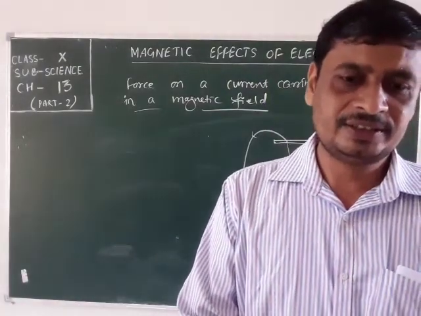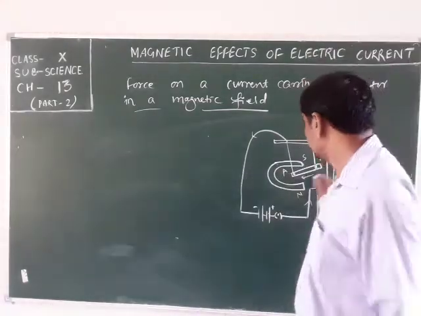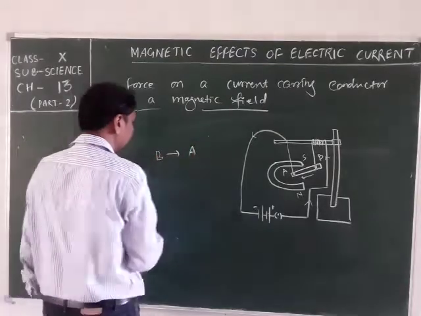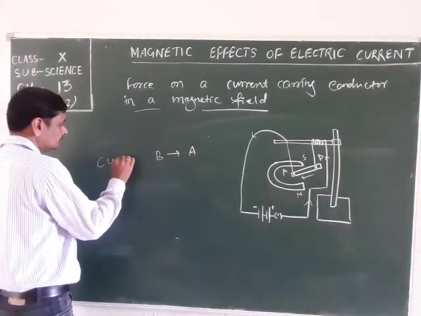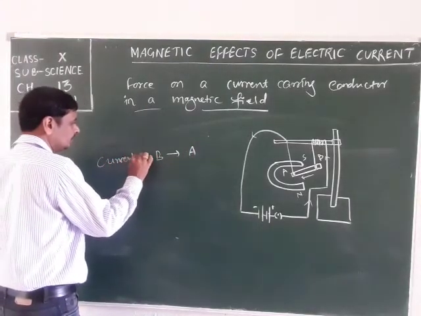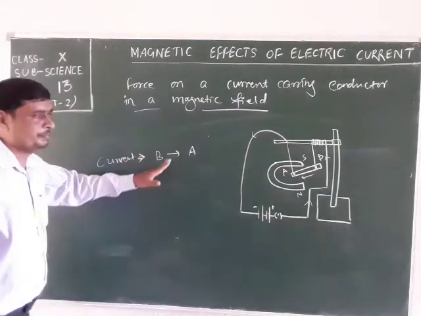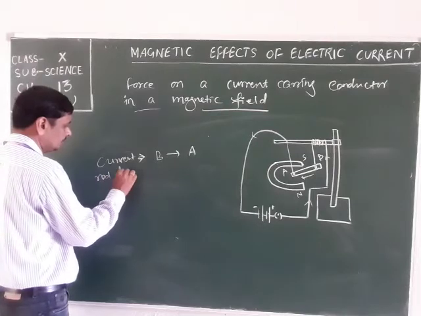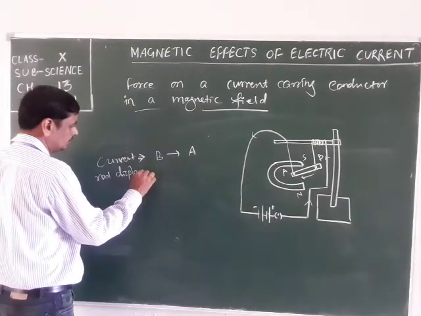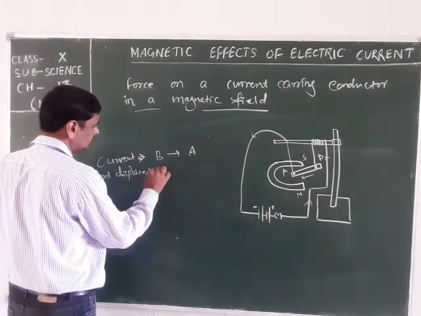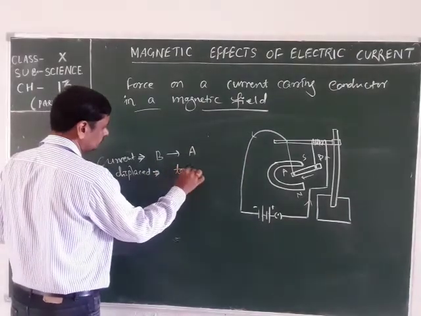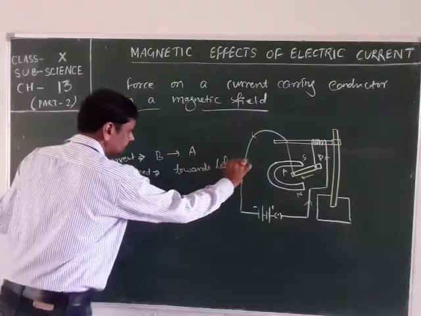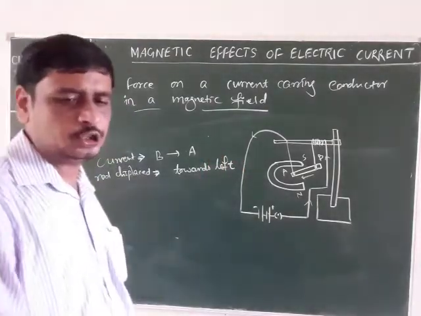In the first case, when the current moves from B to A, the rod is displaced towards the left.